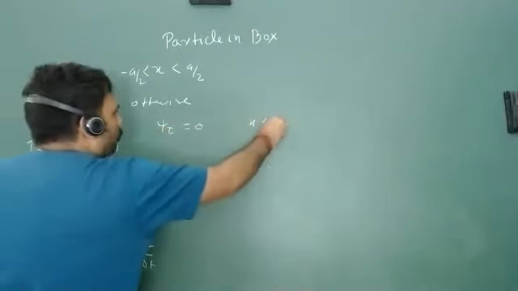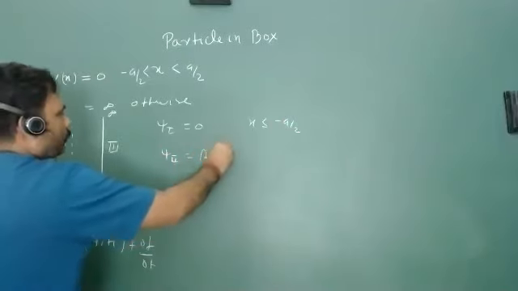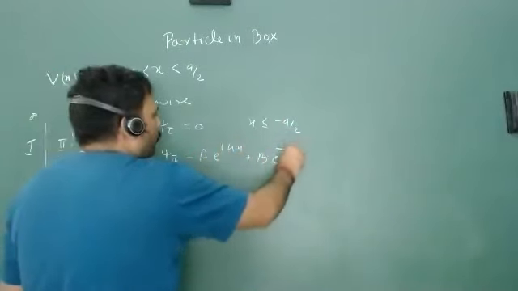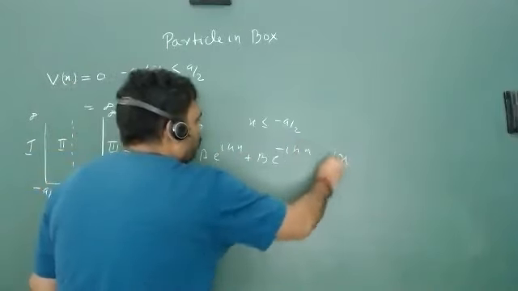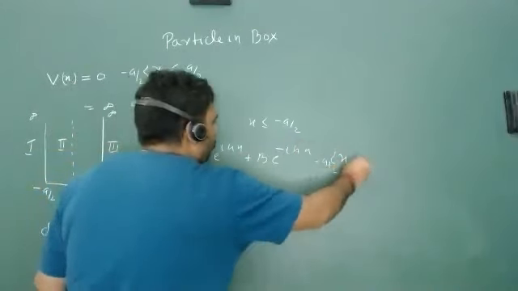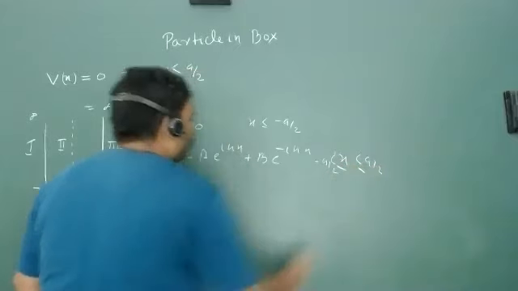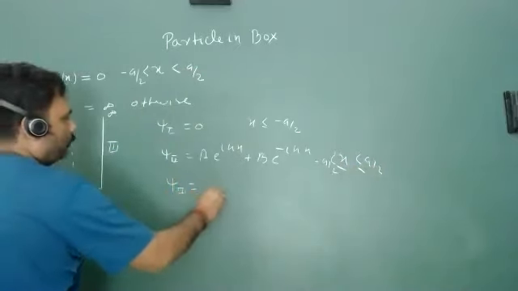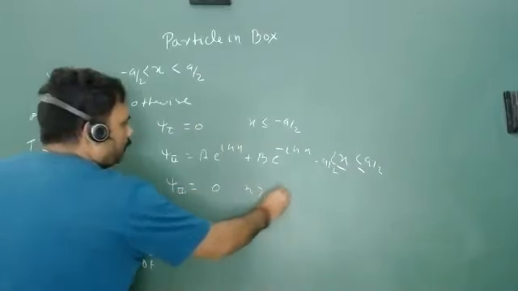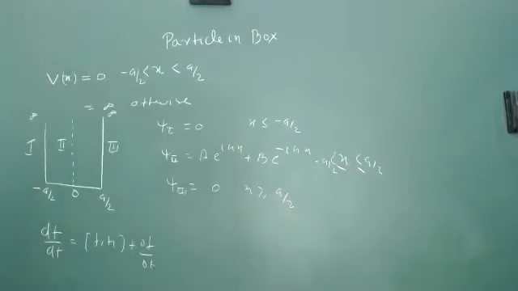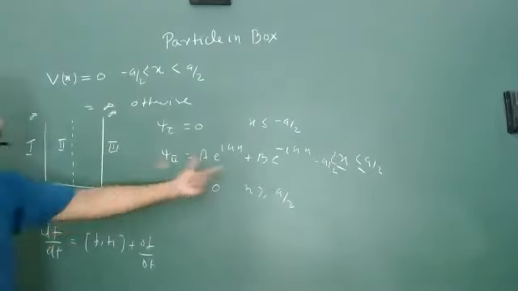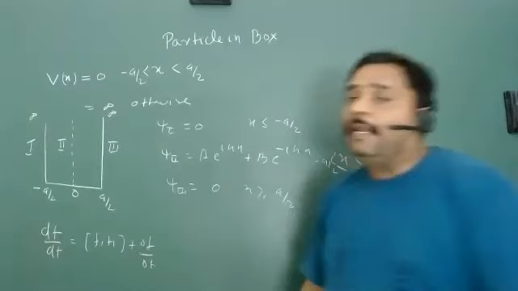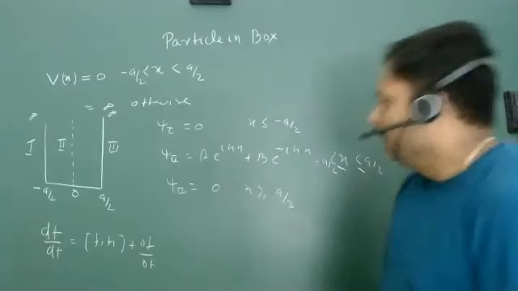Psi 2 is a e to the power ikx plus b e to the power minus ikx, for x between minus a by 2 and plus a by 2, and psi 3 is again 0 for x greater than a by 2. This is the beautiful expression. The particle is free inside this box, so that is the only solution. Now what is the next thing?